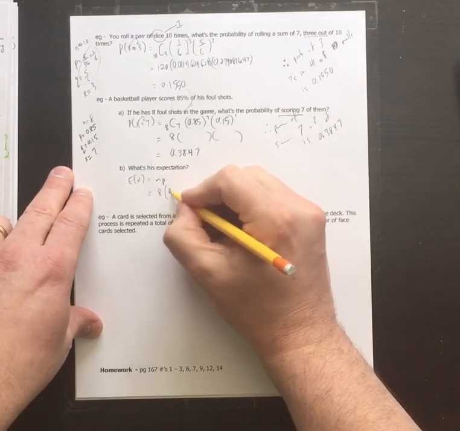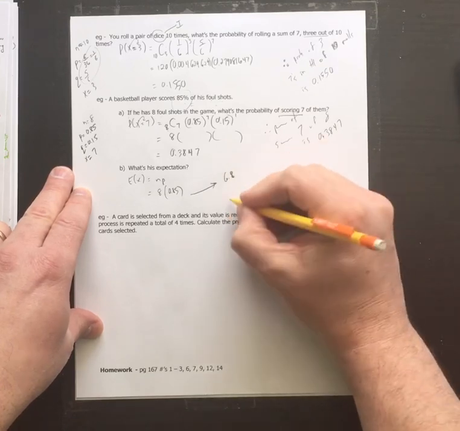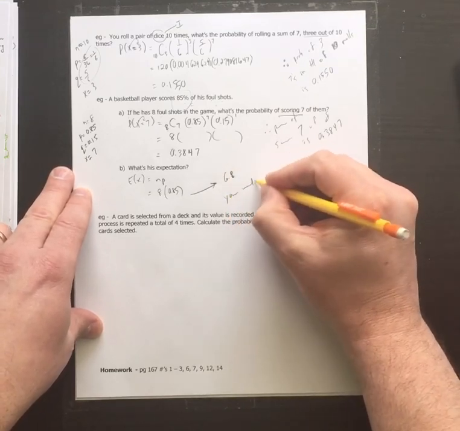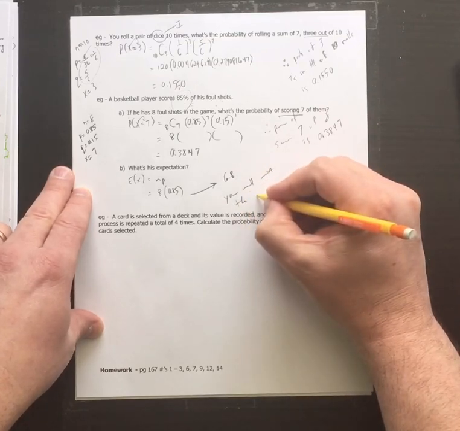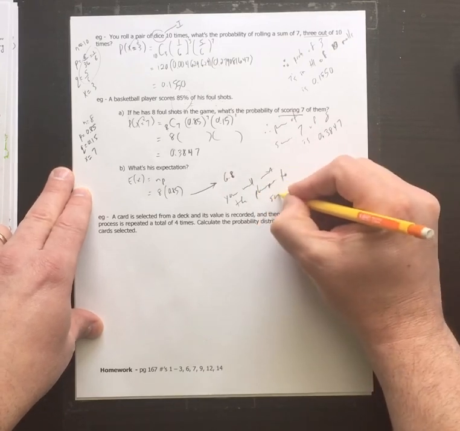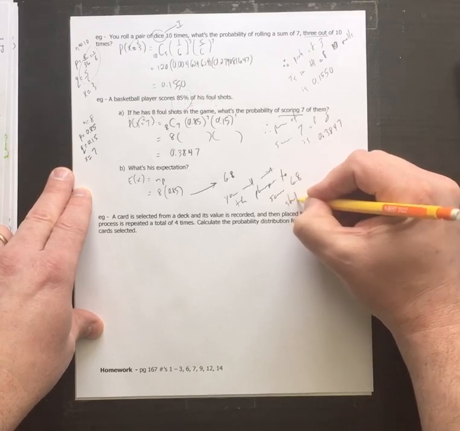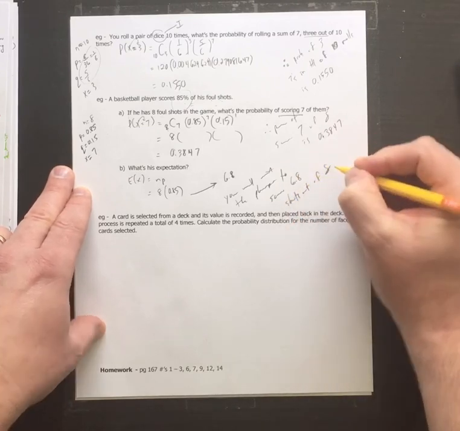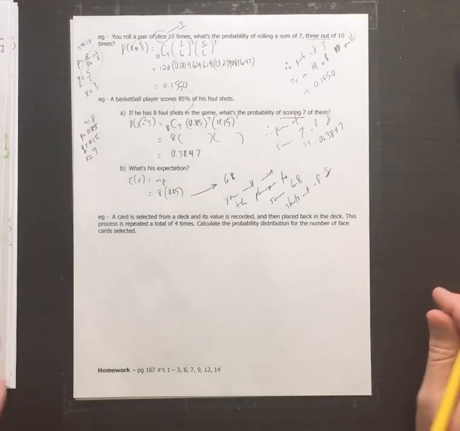So it's 8 times 0.85, which comes out to 6.8, which means you would expect the player to score 6.8 shots out of 8. It has to be out of 8 because, of course, if you include more shots, then there's going to be more shots that you would expect them to make, and so on.